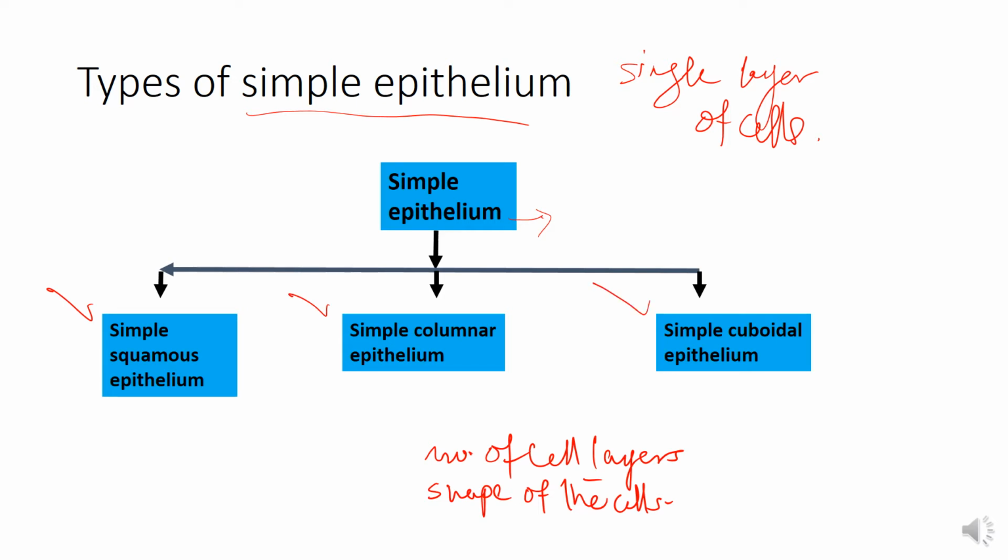Simple squamous epithelium consists of single layer of spindle-shaped cells, while simple columnar epithelium consists of single layer of column-like cells.